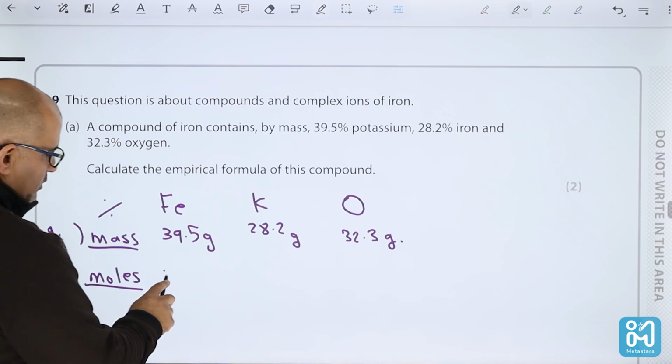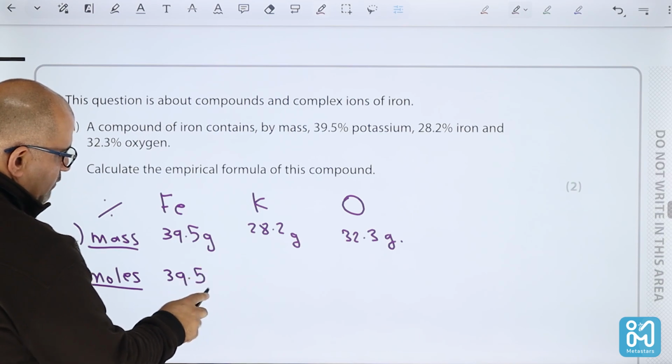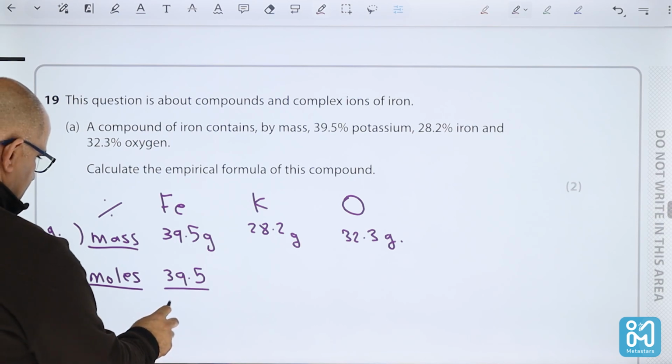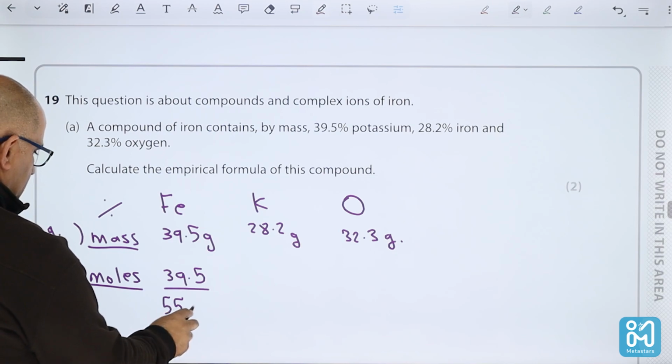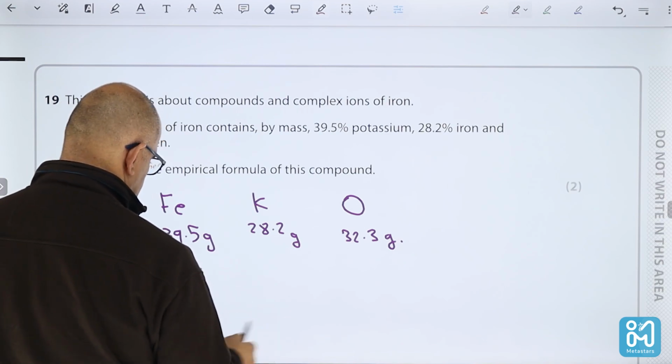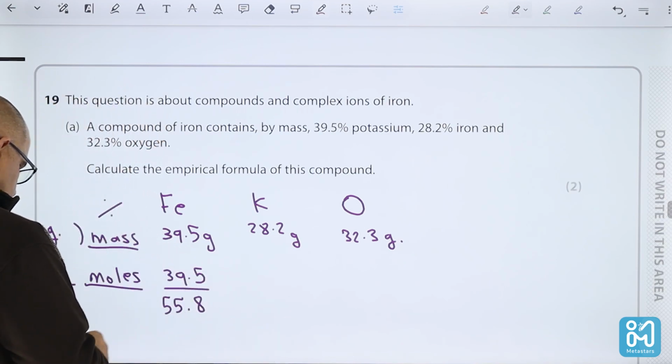You can use the periodic table in the data booklet or in the paper itself.